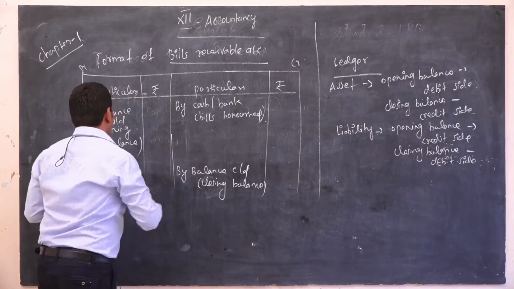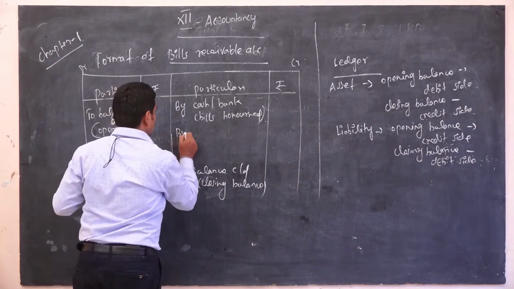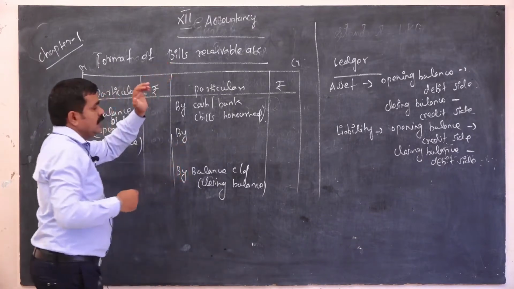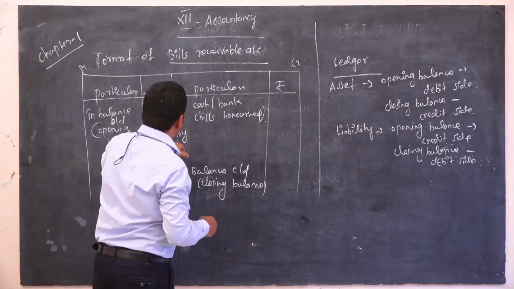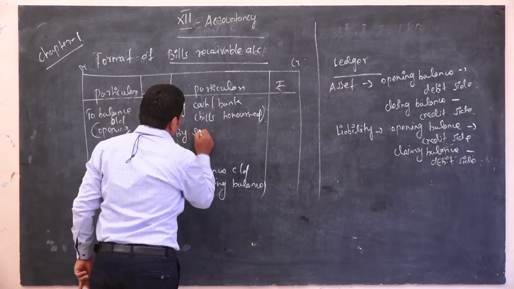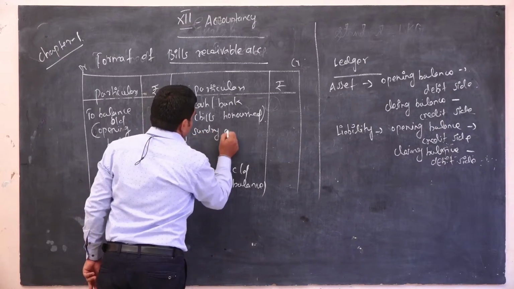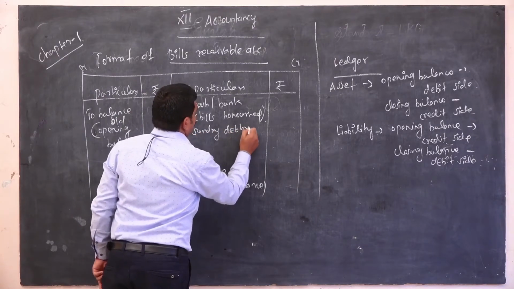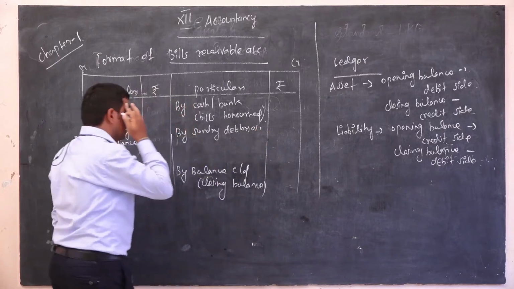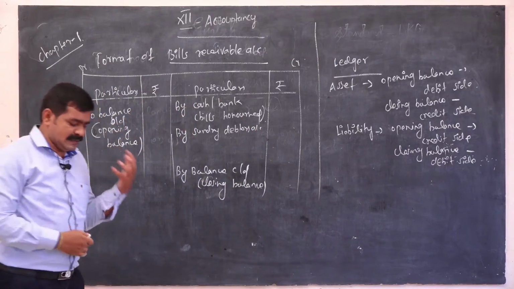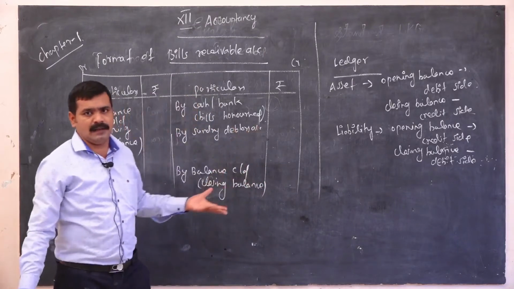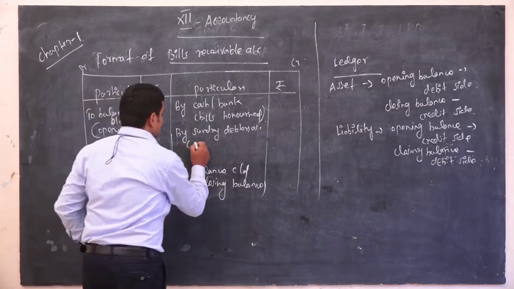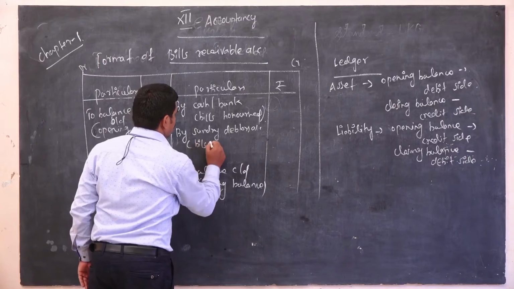Next, sundry debtor. Sundry debtor means he is getting some amount from other persons. Now he accepted your bill, so the bill was bills receivable.